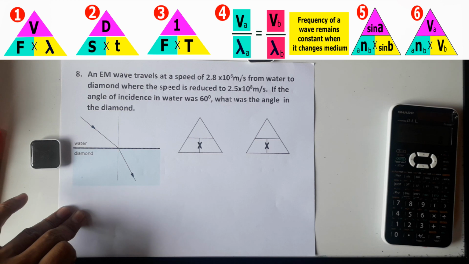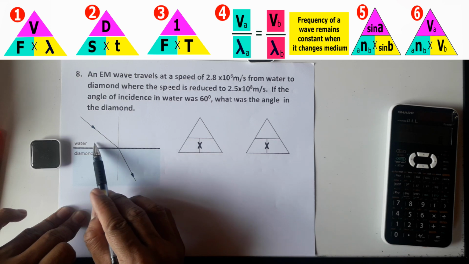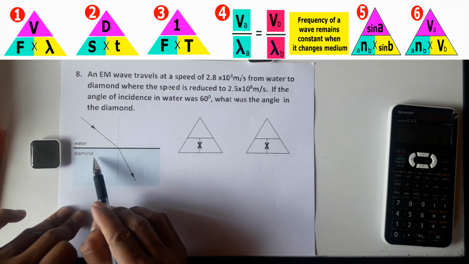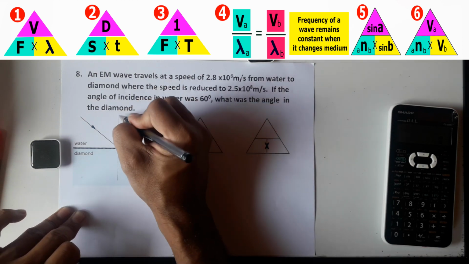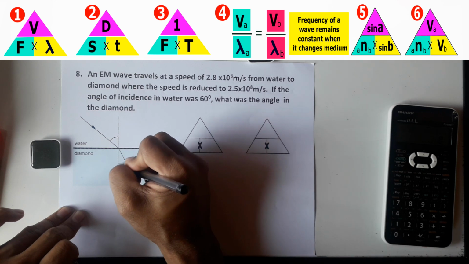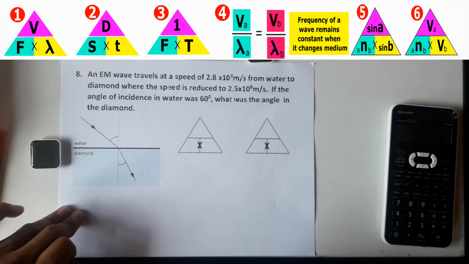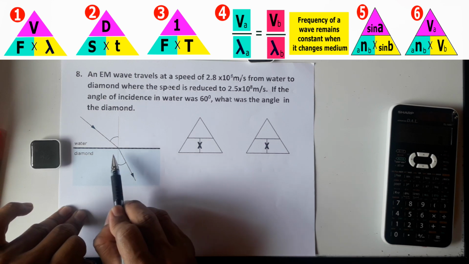Right now, if you had watched my previous video on refraction, you know that when a wave goes from one substance like water to a different substance like diamond, the angles will change. Now, the angle here is big, and when it goes into diamond, it will get smaller. And now I know this often because water is less dense than diamond.